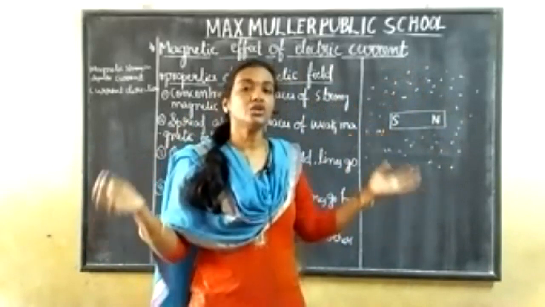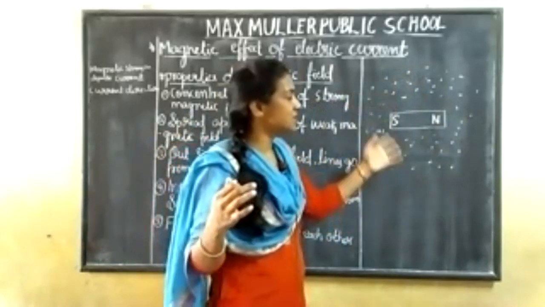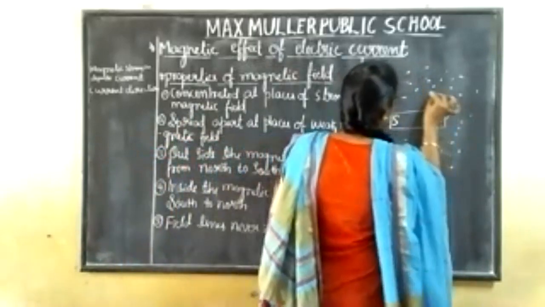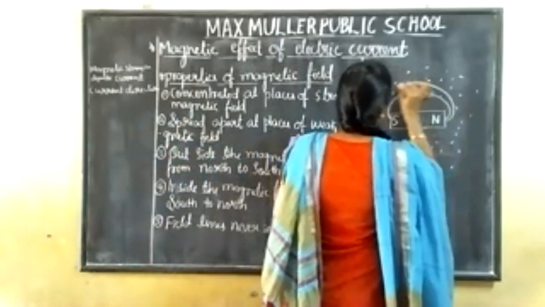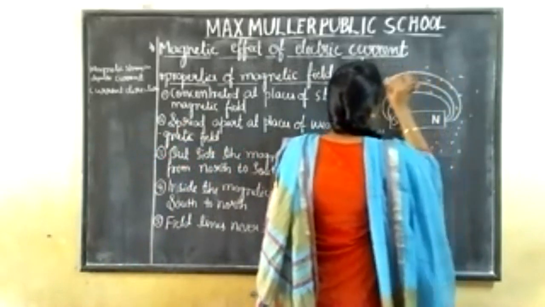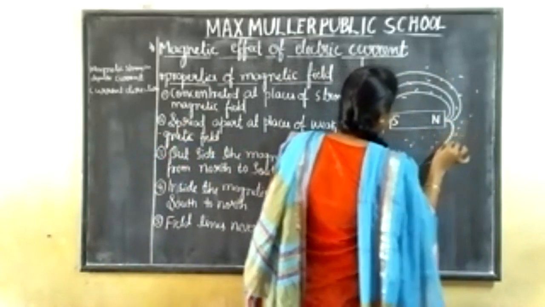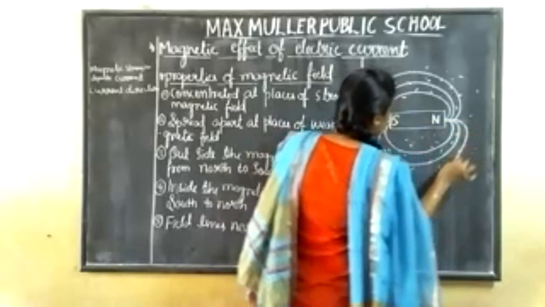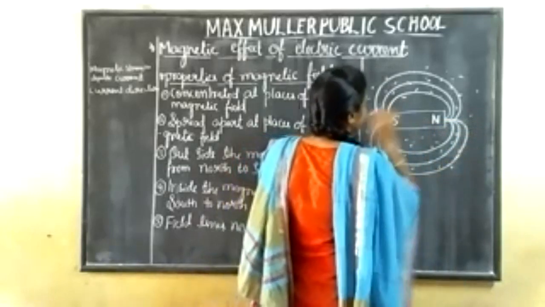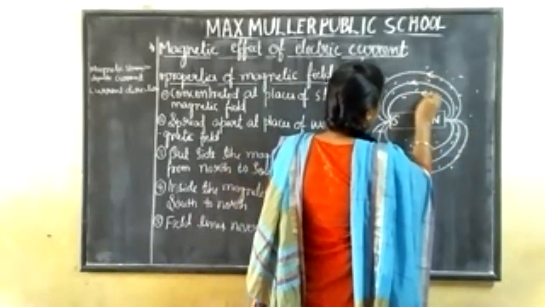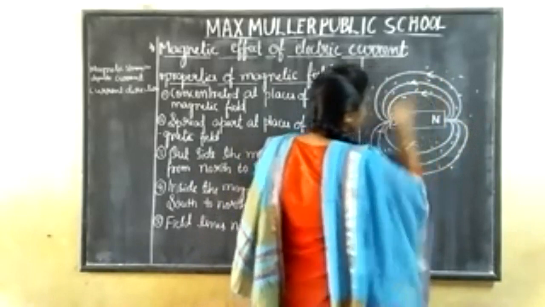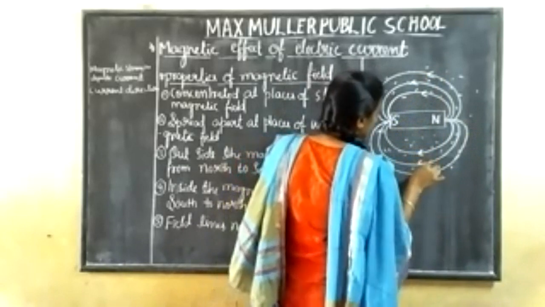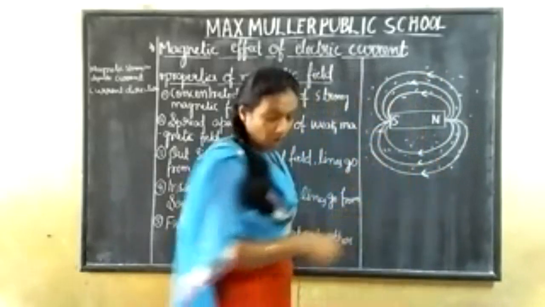They will start to arrange themselves like this. This is the way they are going to arrange themselves. When you take one magnet and pour some iron powder around it, what happens at that time?